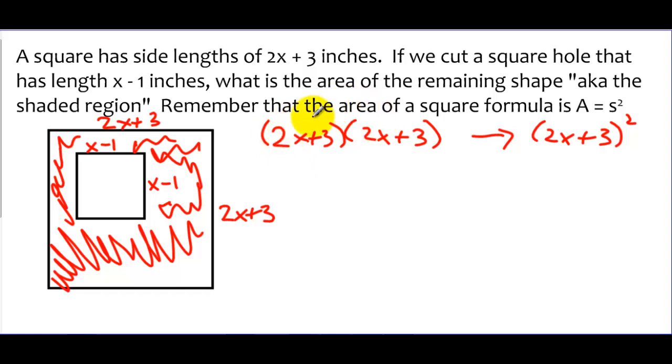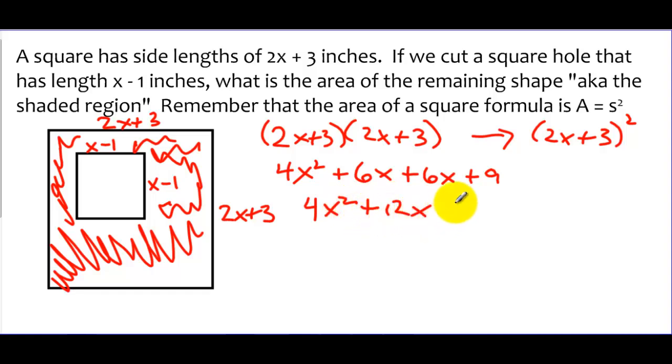So this is going to be 4x^2. When I do 2x times 3, I get 6x. When I do 3 times 2x, I'm also getting 6x. And when I do 3 times 3, I get 9. So when I simplify these middle two terms, the area is 4x^2 + 12x + 9.